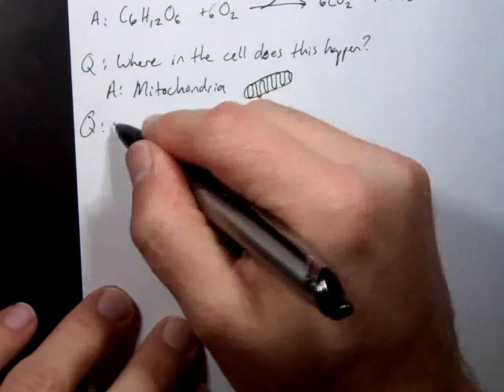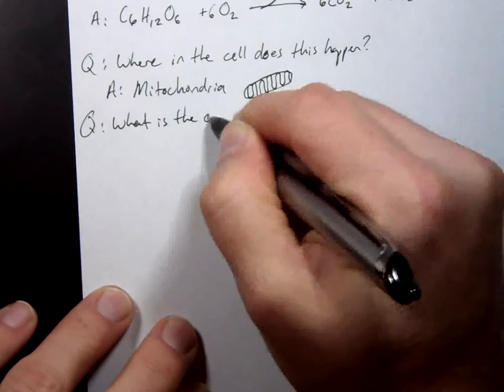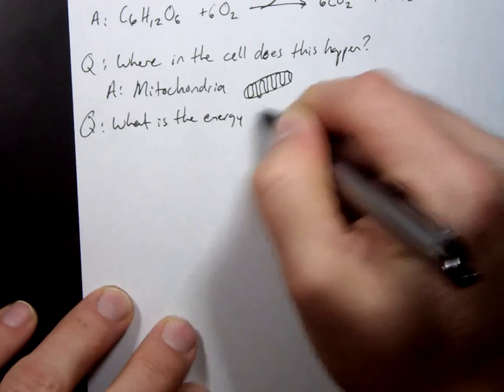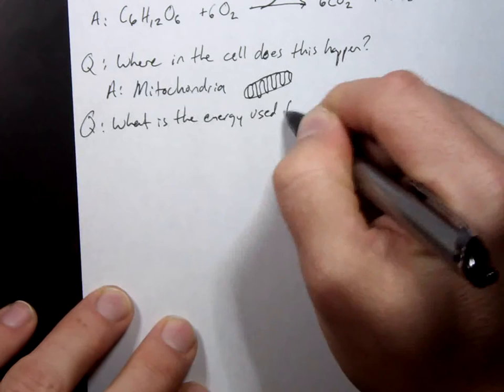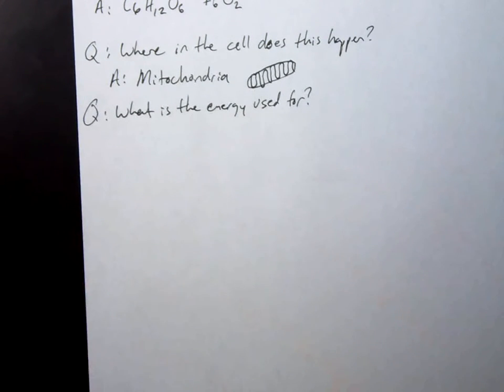What is the energy used for? Well, ultimately, it's going to be for driving chemical reactions, but there's a step in between, ladies and gents. There's a step in between. We have to make change first.